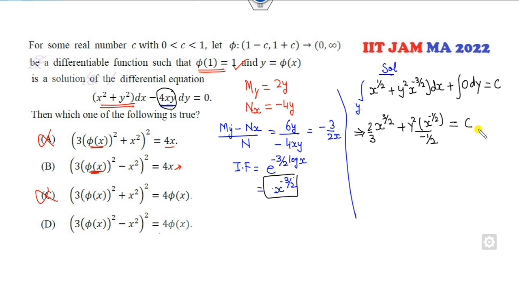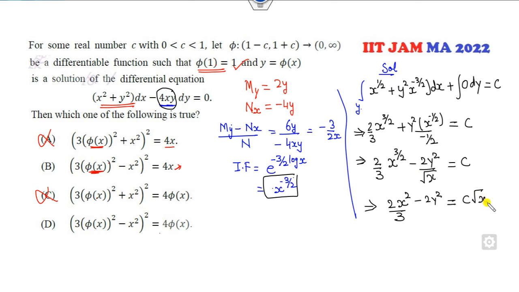I got one more method coming to mind directly. Okay, so it will be 2 over 3 x raised to power 3 by 2 minus 2y square over root of x. This is my C. So clearly, I think there is no need to solve much more. You can see it's 2x square minus 2y square over 3 is C. Fine.